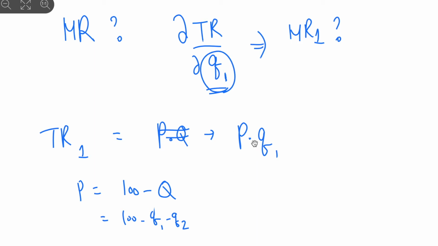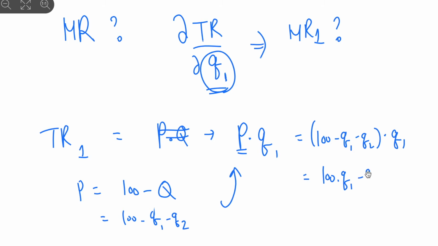So we're going to substitute this P with 100 minus Q1 minus Q2 and get 100 minus Q1 minus Q2 times Q1 as the total revenue for Firm 1. So what we have is 100 times Q1 negative Q1 to the power of 2 negative Q2 times Q1.